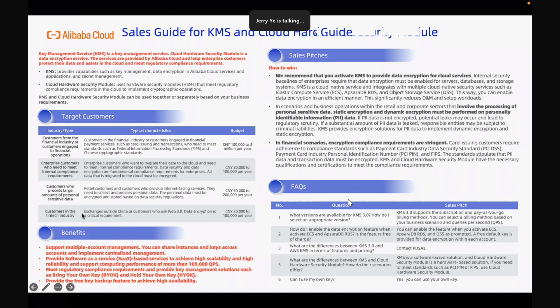The third one is the customers who process large amounts of personal sensitive data. So in these scenarios, the customers can create application access points in the KMS. Then they can call the API of the KMS and do the encryption for their sensitive data. Okay, these are the three scenarios.